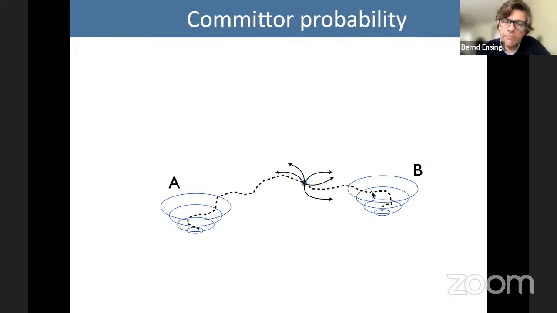So if we're close to B, probability will be close to 1 because all trajectories would go to B, and if we're close to A, then this probability will be close to 0, and maybe none of them will go to B. But of course, somewhere in the middle, there must be a frame, a configuration where half of them will go to B and half will go to A. So the committed probability to go to B is a half, and this we can define as the transition state. This should be the transition state, right?